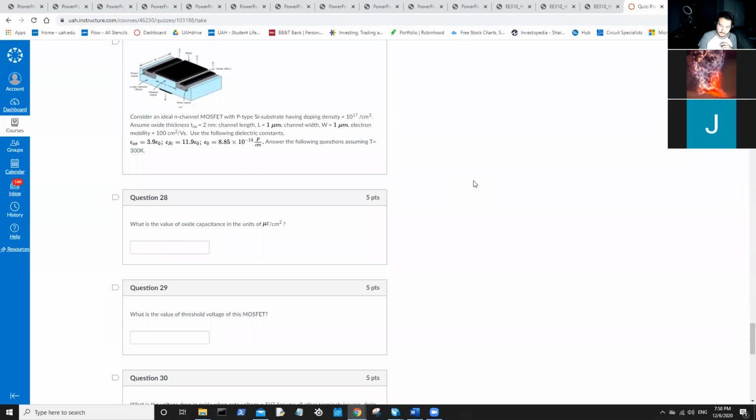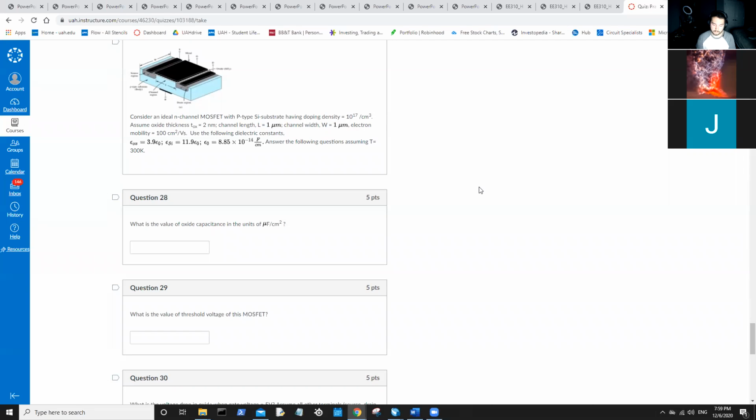All right, so we have a number: 1.725 times 10 to the negative 6th. That's already scaled to centimeters, and it's to the negative 6th, which is a different parameter, and it's in farads.